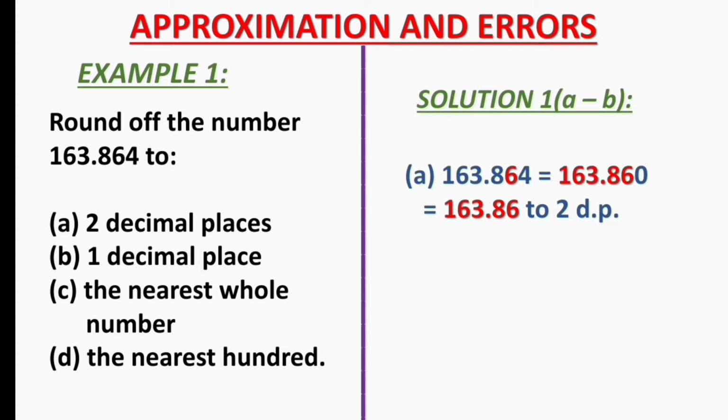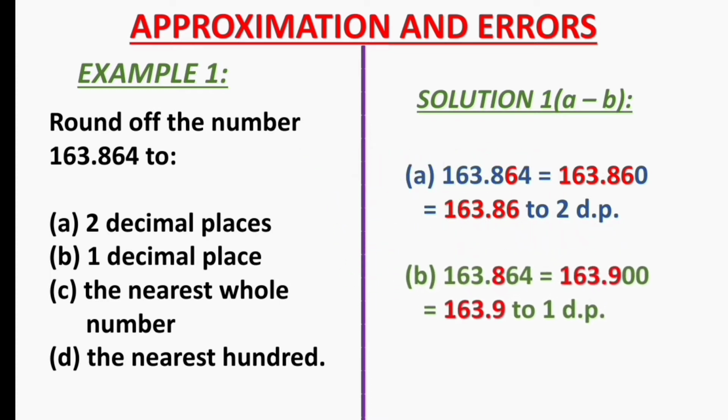That will give us 6 in the second decimal place, while the next digit to the right becomes round, which is a 0 digit. The answer to question 1A becomes 163.86 to 2 decimal places.